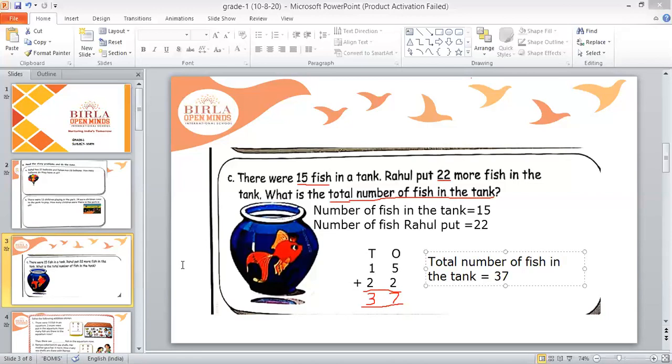Page number 72. That big book. Word problems are there. Children, open page number 72 and write date and classwork on that page. And I'm clearing all this now.